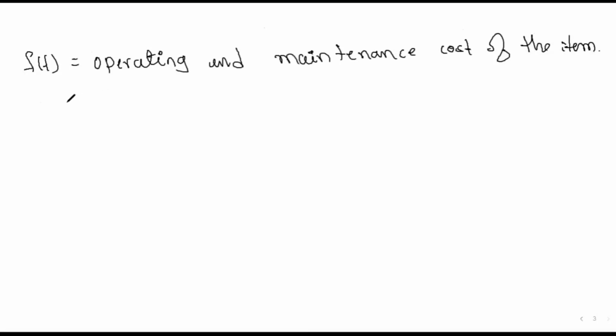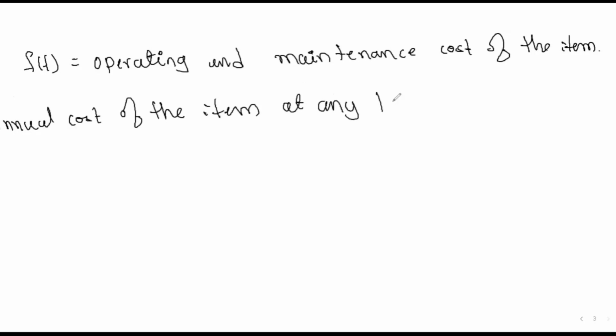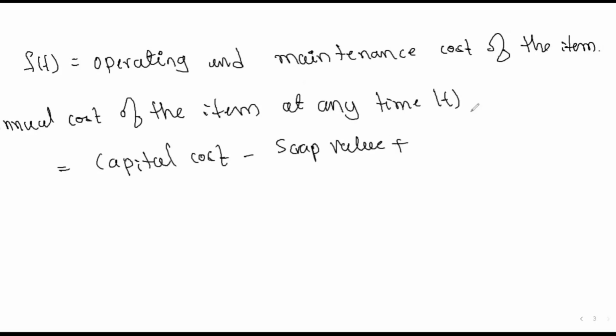The annual cost of the item at any time t is equal to capital cost minus scrap value plus maintenance cost at time t, right?